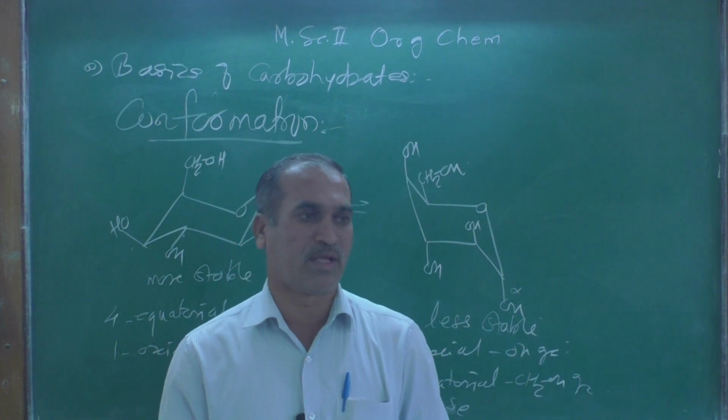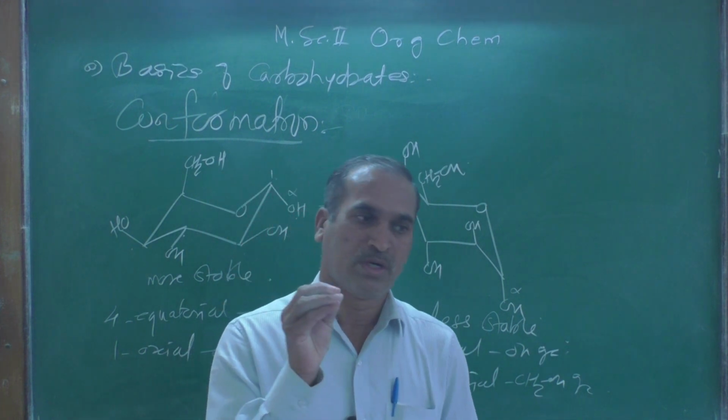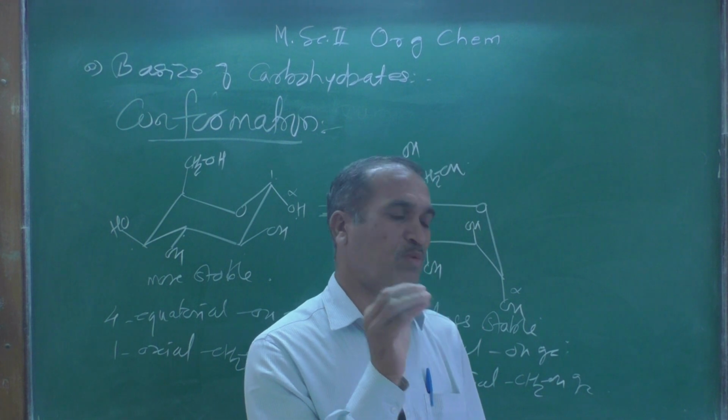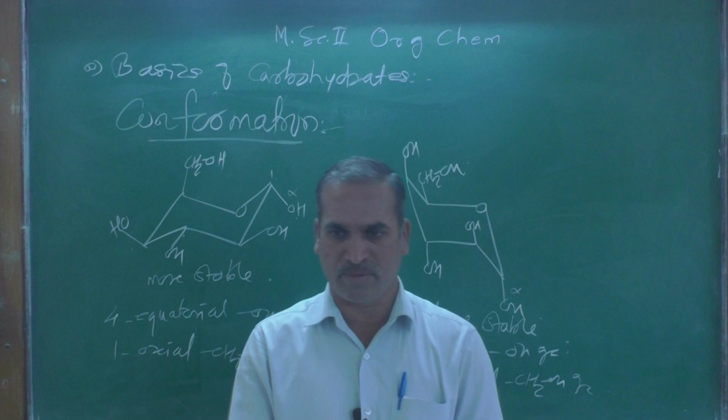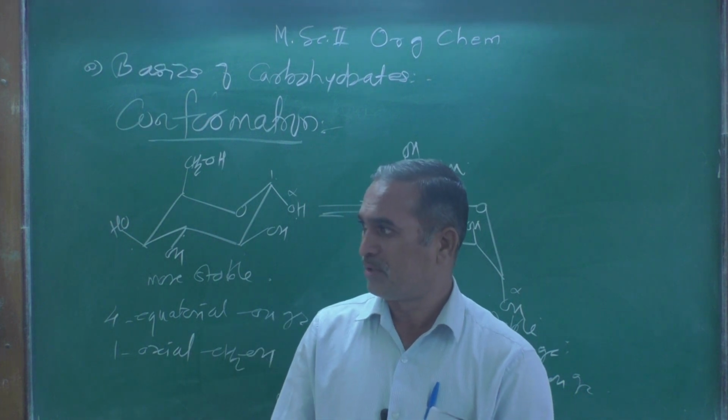the chair conformation means a 6-membered ring prefers the chair conformation, the most stable conformation. There are various conformations possible.